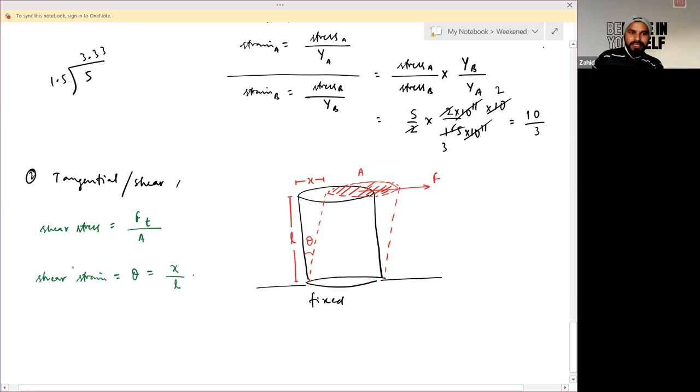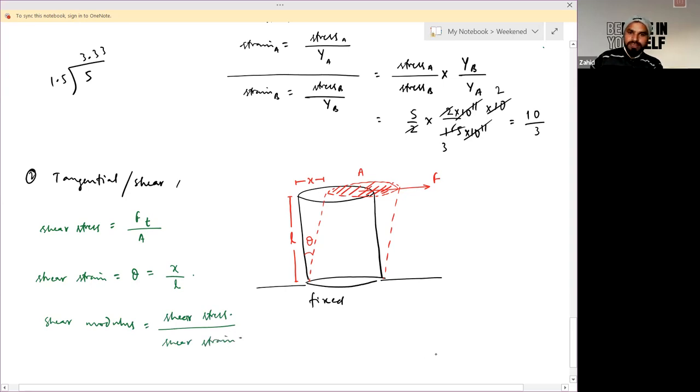Now, if you take the ratio of these two terms, you will get modulus of elasticity in this part. That will be termed as shear modulus, which is equal to shear stress divided by shear strain.